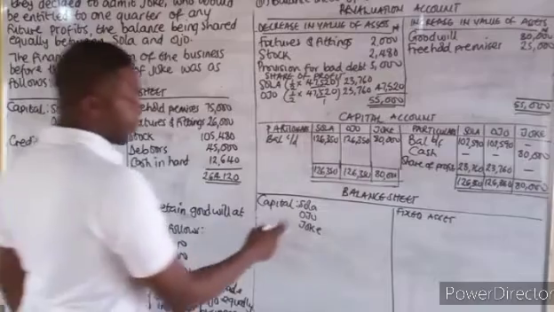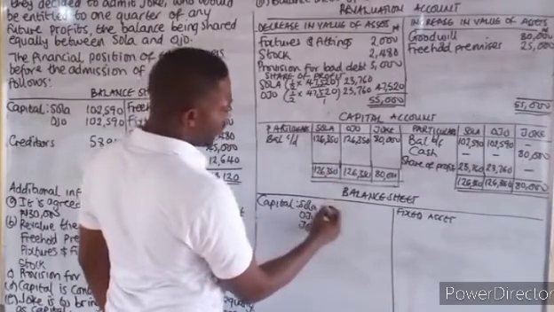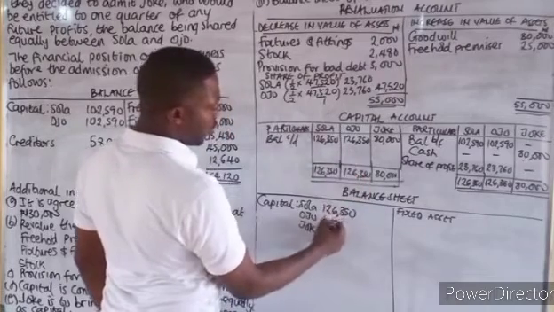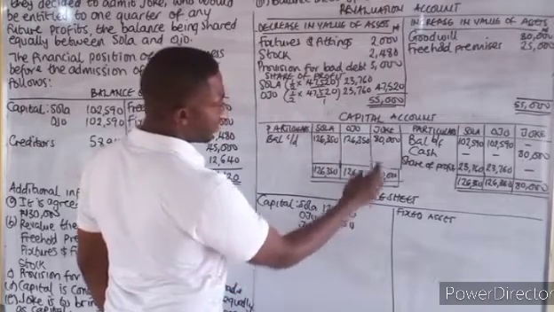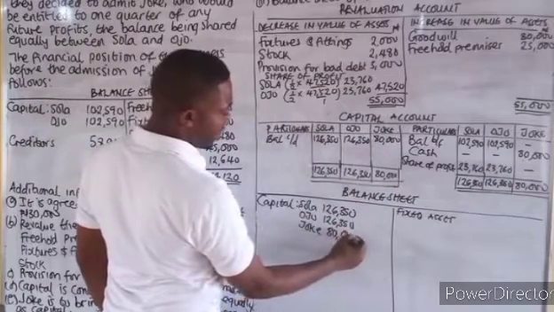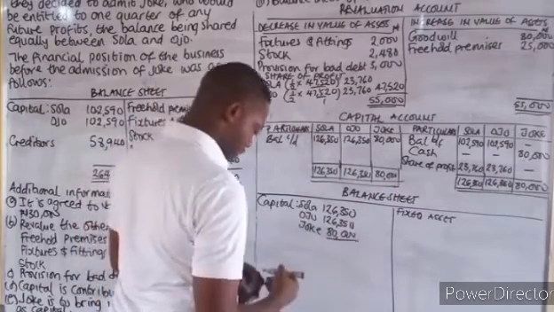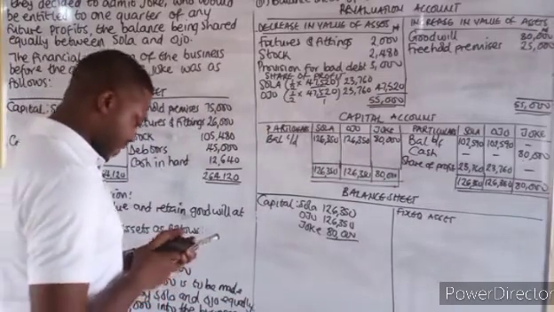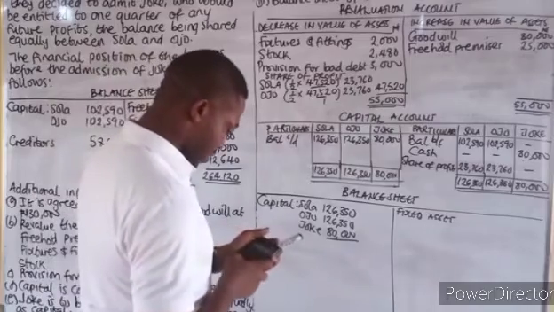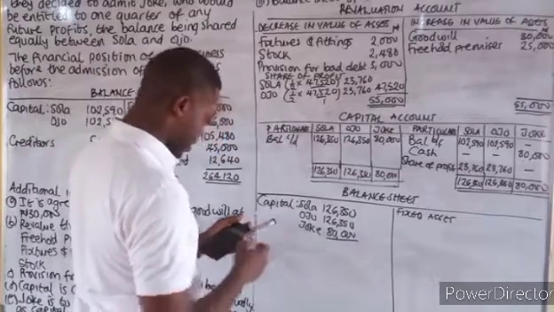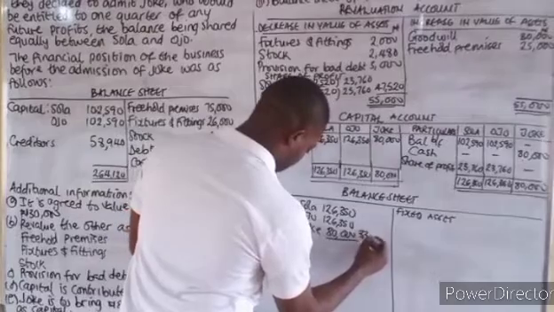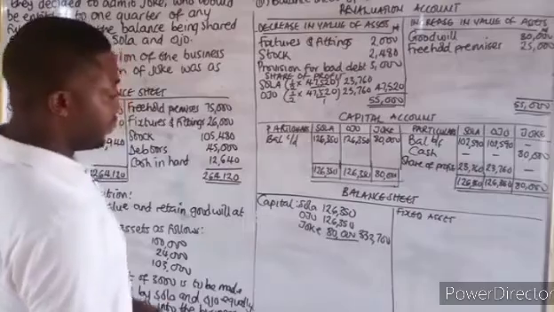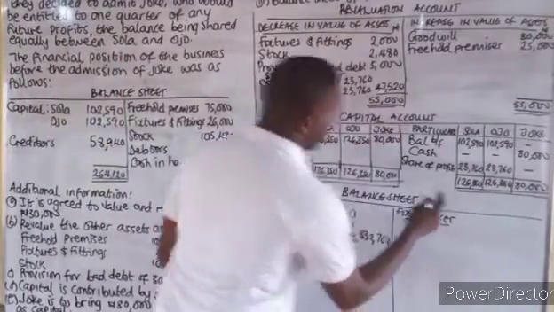Solar 126,350, Ojo 126,350, Joke 80,000. That's the capital. So if you add it up, 126,350 plus 126,350 plus 80,000, this will give us 332,700.